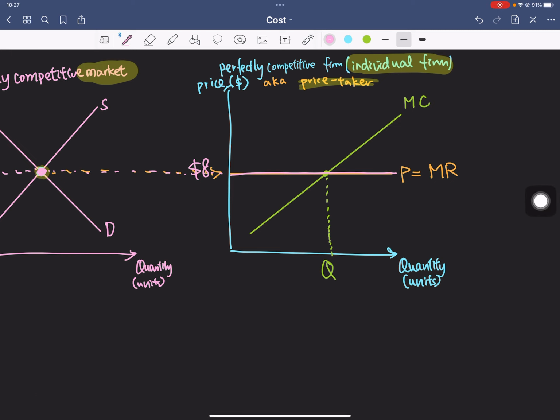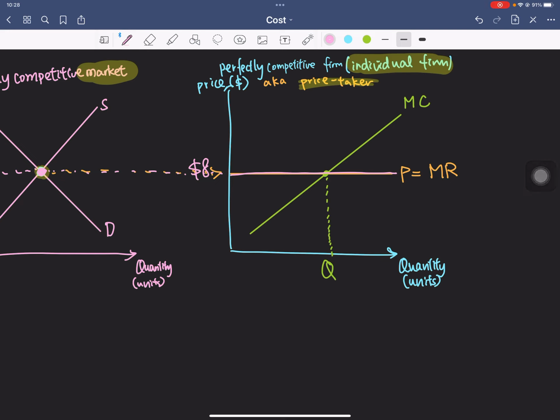And then we have also learned about the supply of the individual firm. The supply schedule is going to be the marginal cost schedule. It will look like this. So we have the MC curve visualized here.